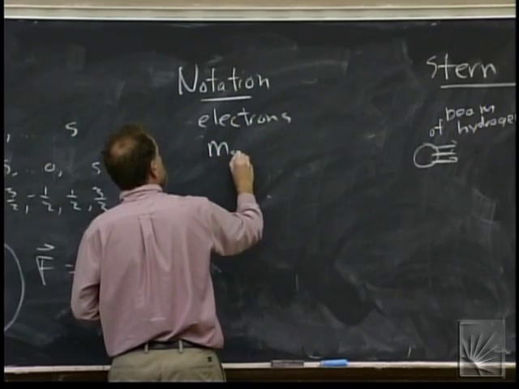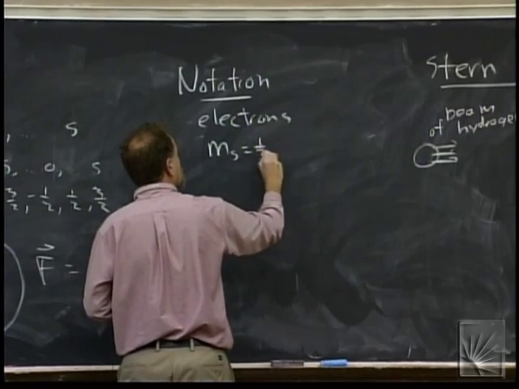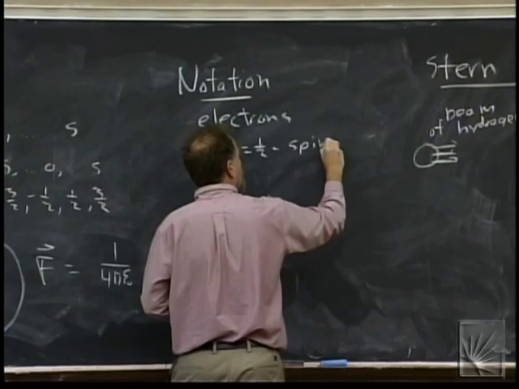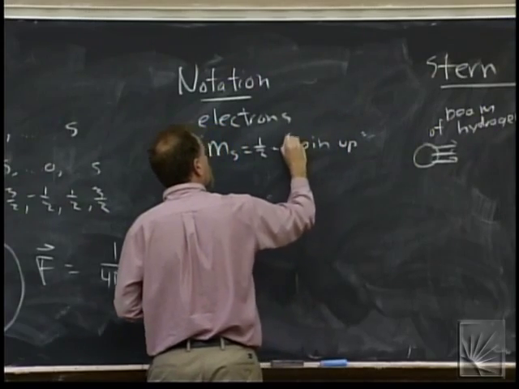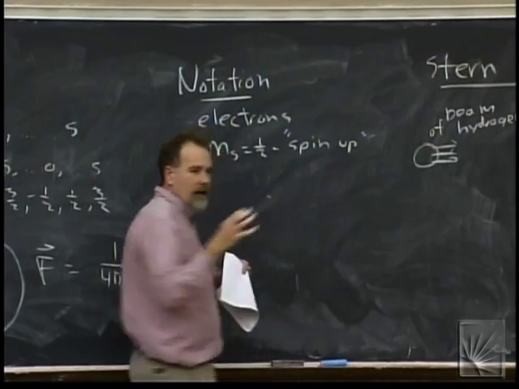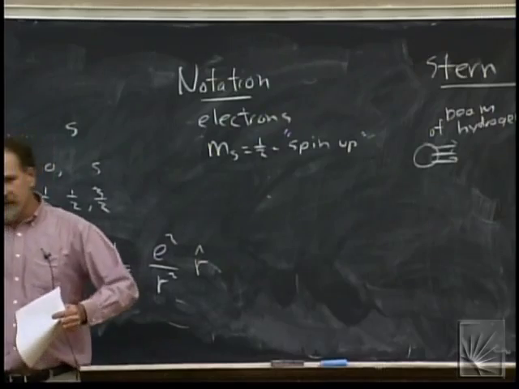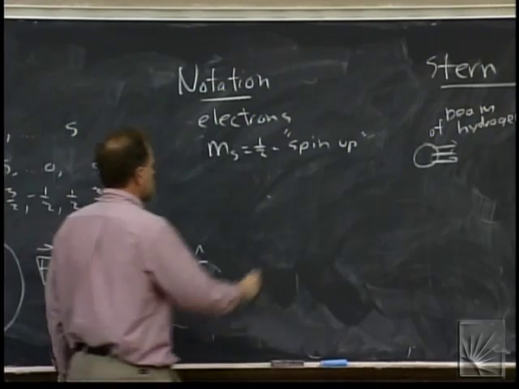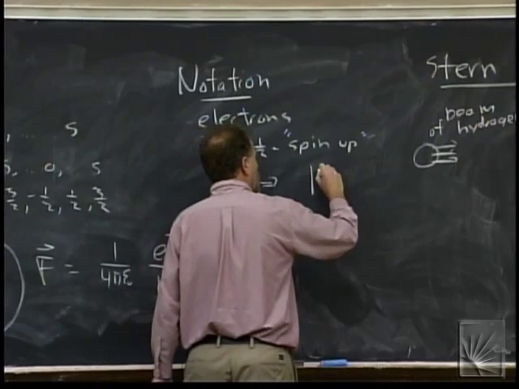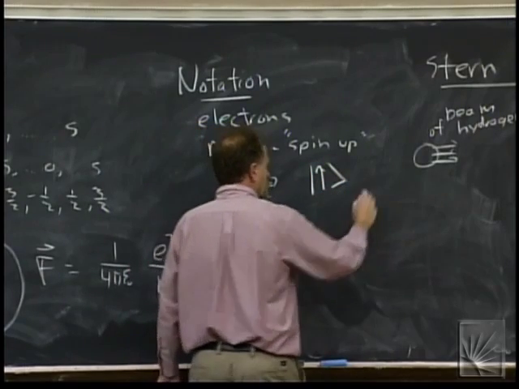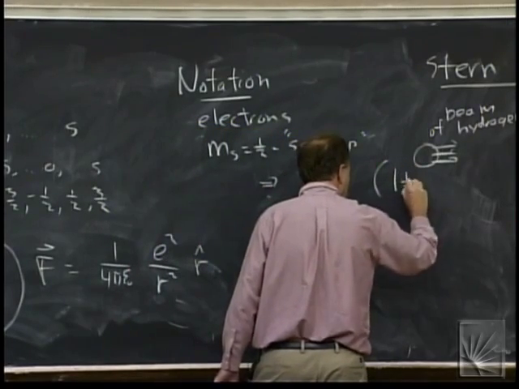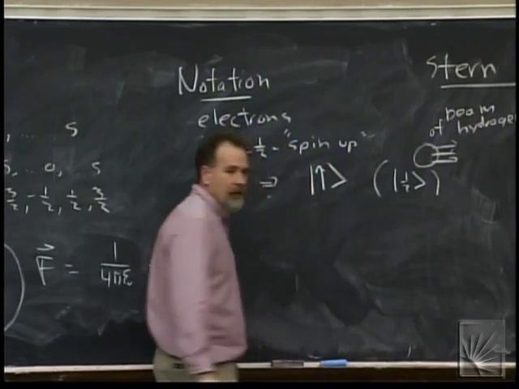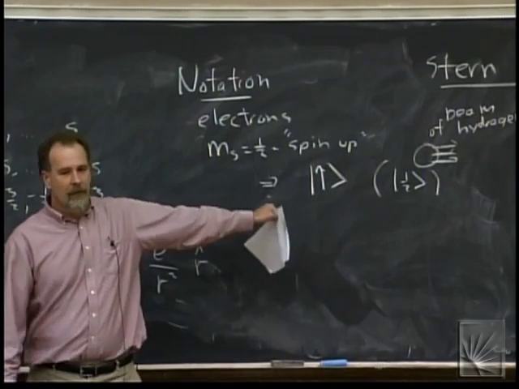The m sub s equals 1/2 state, we talk about it as spin up. It means I defined some z-axis, and it was the positive z direction. The notation for it is this, or sometimes people will do that. That's a ket, from the word bracket.